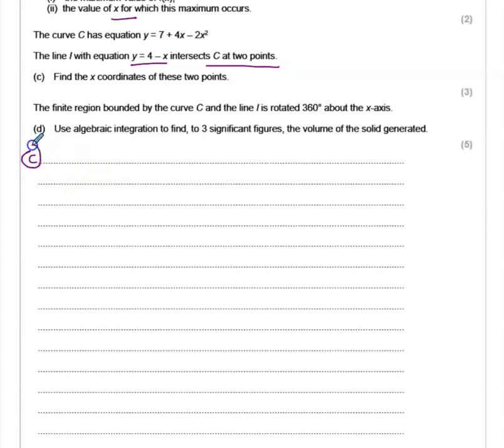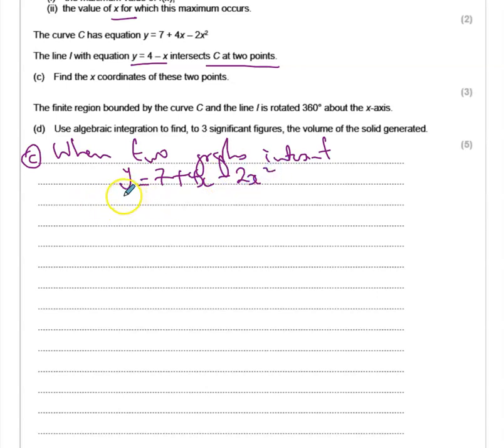What you should note is that when two graphs intersect, in this case we have y equals 7 add 4x minus 2x squared, and we have y equals 4 minus x. When they intersect, it means there are 2 points, because of the shape of the quadratic curve, where the linear graph, 4 minus x, will intersect.